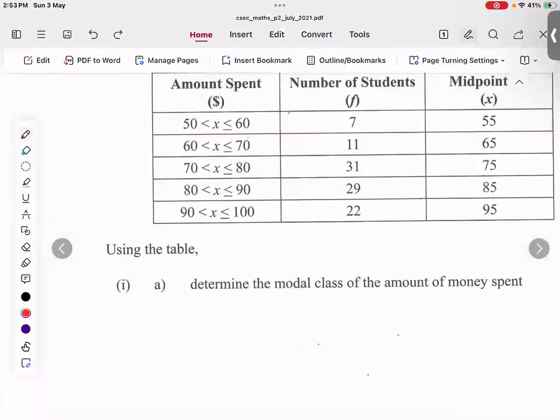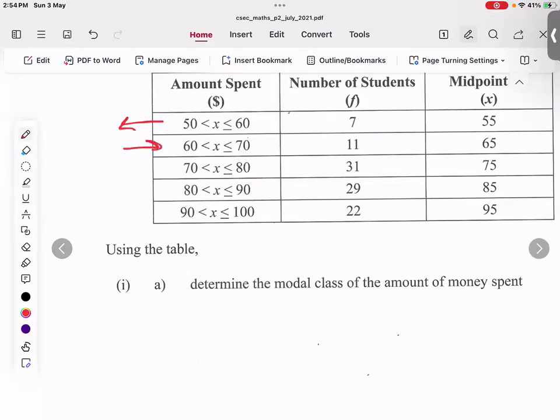So let me just understand what this is. This is saying that in this class right here, the money spent was greater than $50. So that means they would have had to spend 51, 52, 53, all the way up to 60. So this class here includes numbers from 51 all the way up to 60.